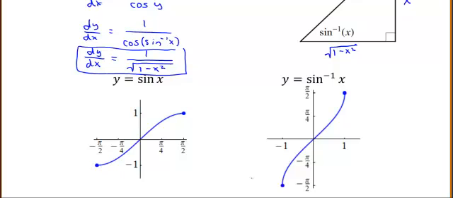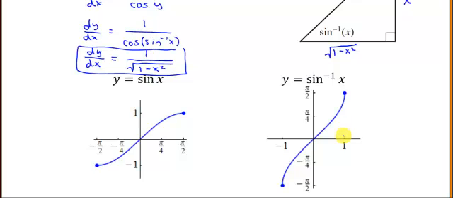If you look at the restricted version of sine, we just take the part from negative pi over 2 to pi over 2, because that part is one-to-one, and that's the part that is inverted to form inverse sine. Notice the inverse sine always has positive slopes, because its derivative is always positive.